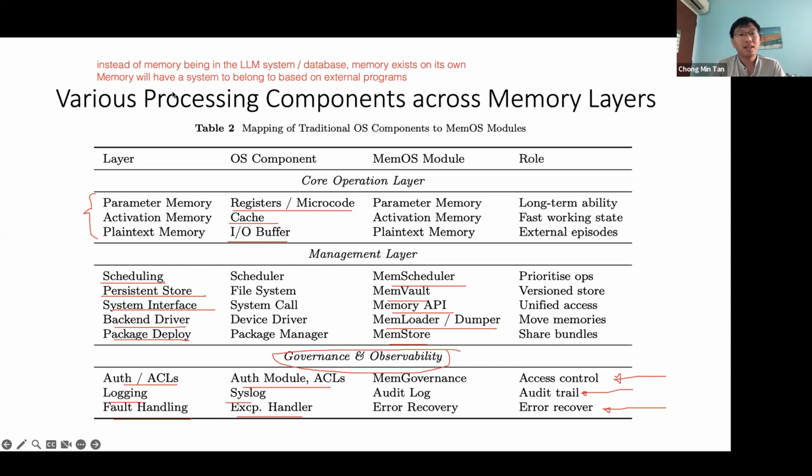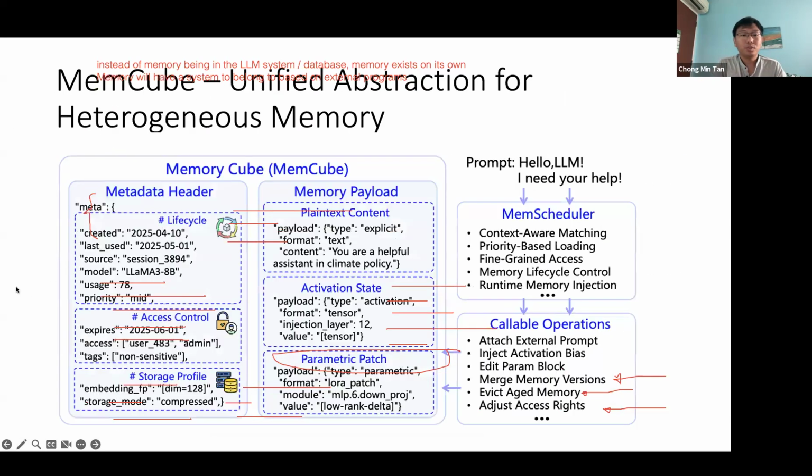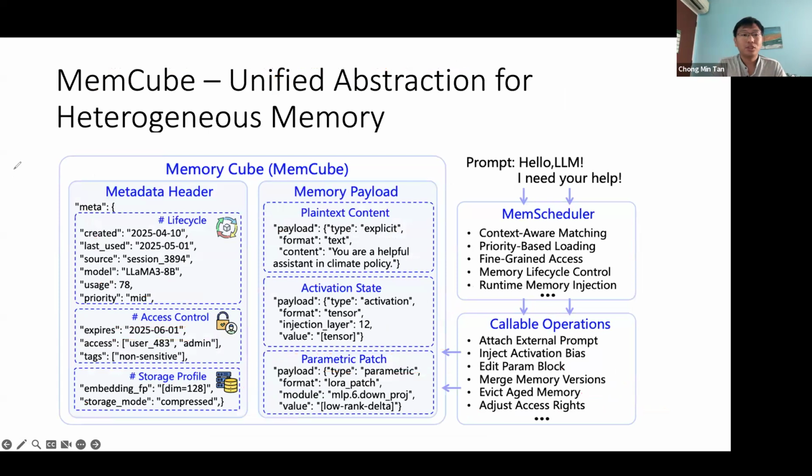So maybe if you have 10 LMs that you want to transfer to and fro, in this activation state and this parametric patch, maybe you do one per LM, then it'll be LM agnostic, because it may not even be LMs in the future, it might be something else.